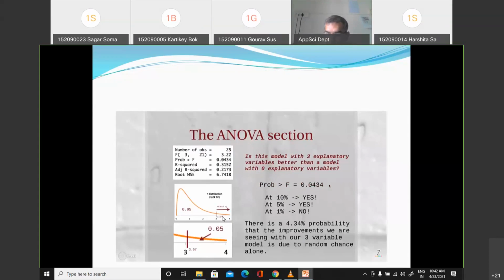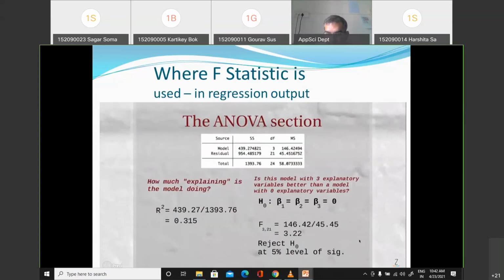So we reject the null hypothesis that there is no significant difference between the variation of these two models. That means there is a significant difference between the variation of these two models, one with independent variables, that is our actual model, and one with only the constant. So it makes sense to go for regression here.